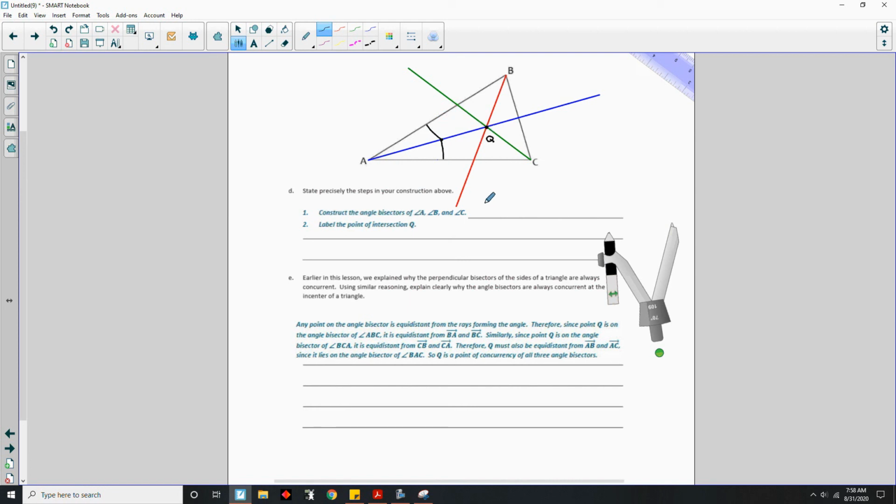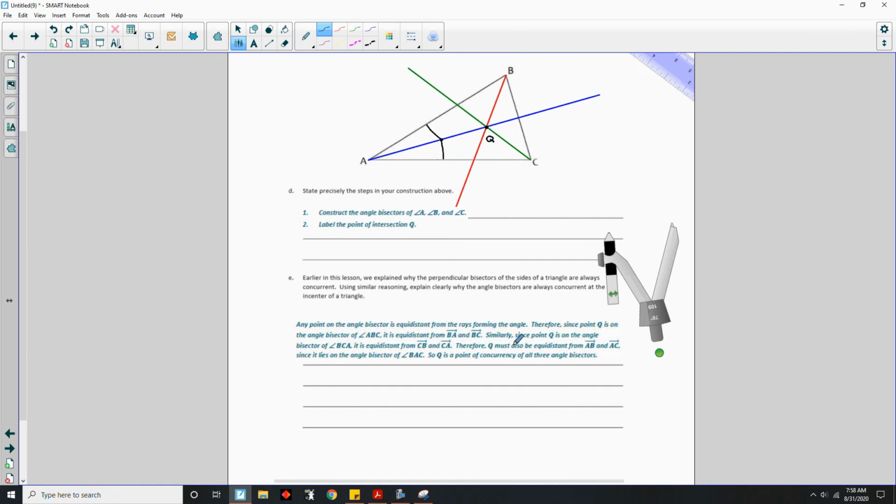Therefore, since point Q is on the angle bisector of angle ABC, that's the red segment, it is equidistant from ray BA and ray BC. Similarly, since point Q is on the angle bisector of angle BCA, the green segment, it is equidistant from ray CB and ray CA.